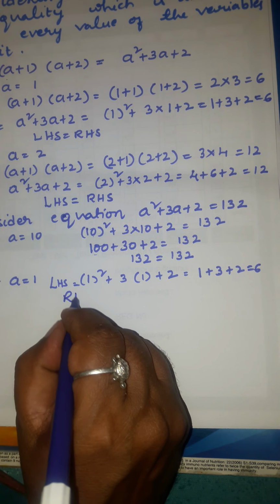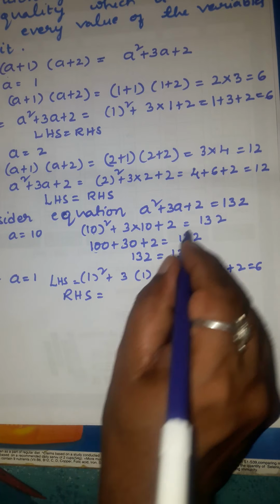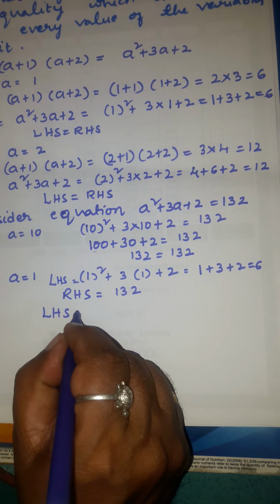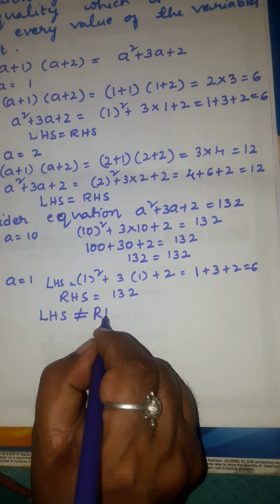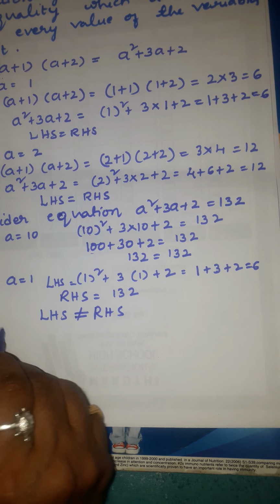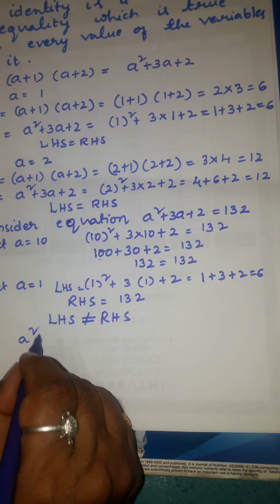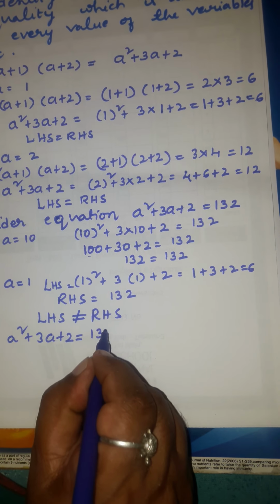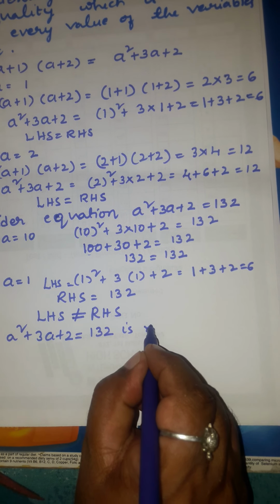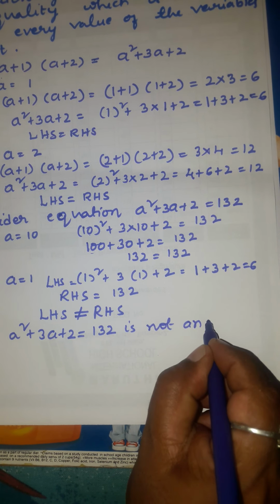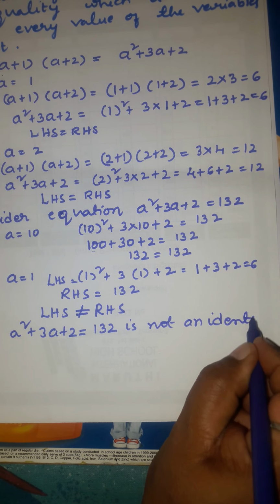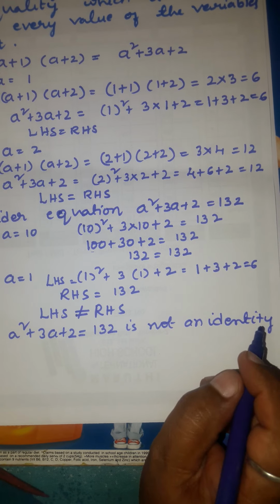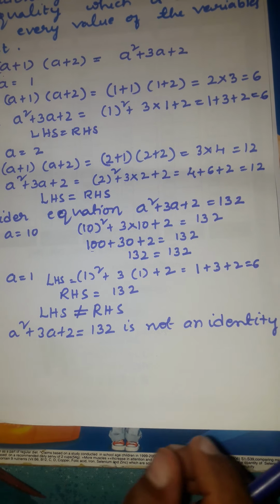Now what do you have on the right hand side of the equation? 132. So LHS is not equal to RHS. Therefore, a square plus 3a plus 2 equal to 132 is not an identity.